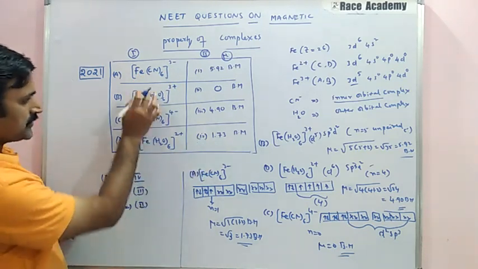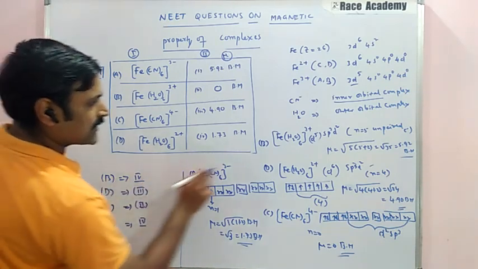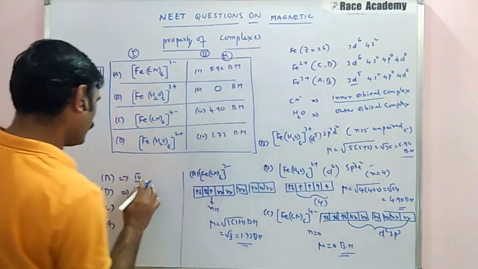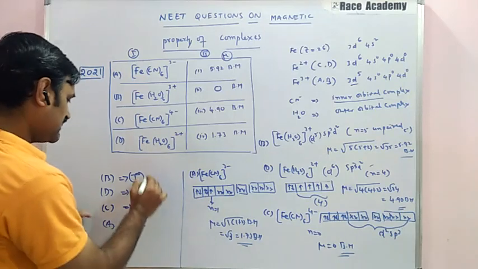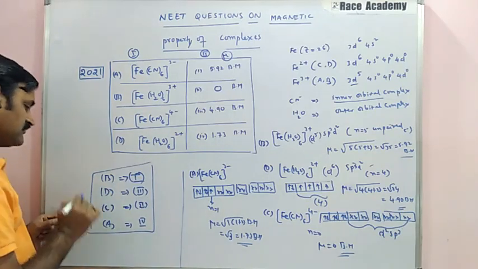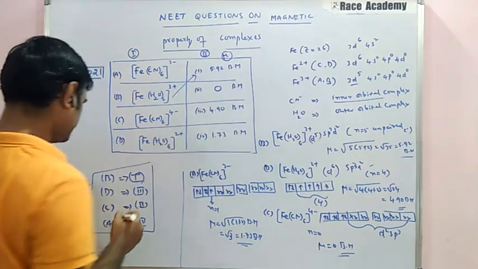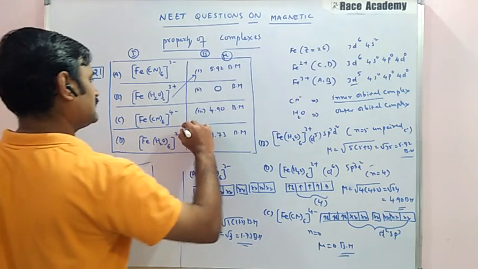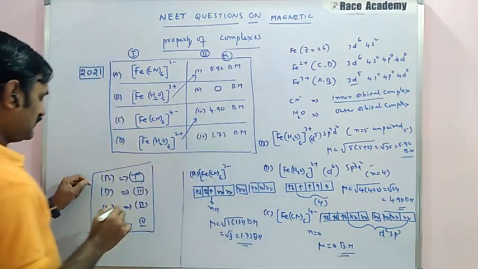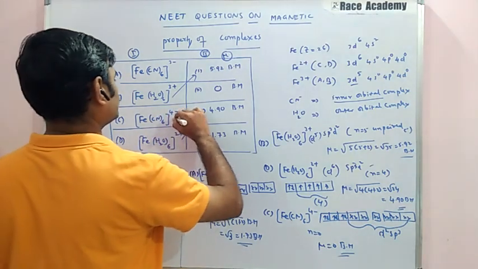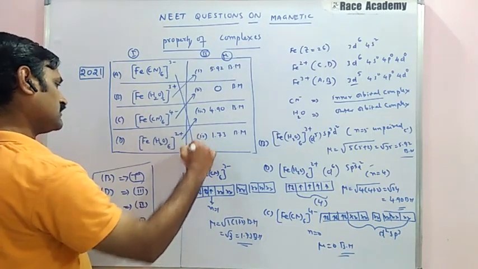So A is 4, and B is 5.92, so B is 1. D is 3, C is 2, and A is 4.